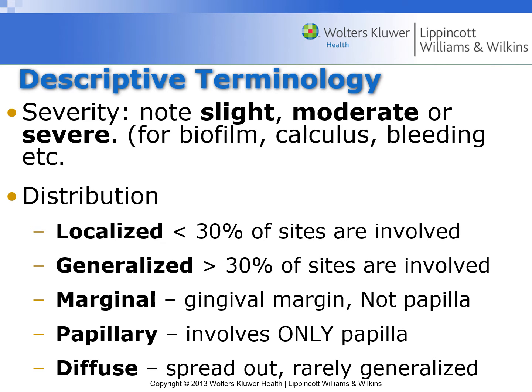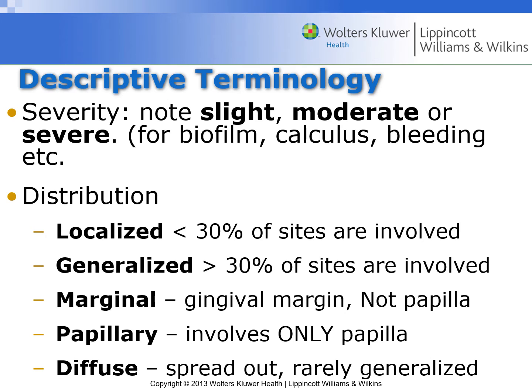If 10% would be 3 teeth, then 30% is more. So localized would be less than 30% of the teeth involved. Generalized would be over 30% of the teeth are involved. So you just have to count up the teeth and you'll know whether you can say generalized or localized.